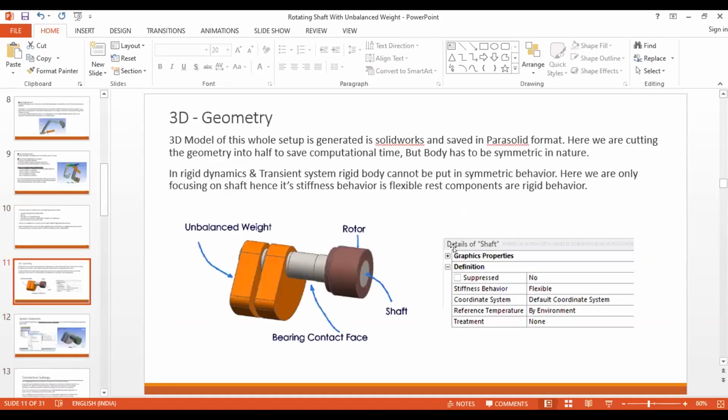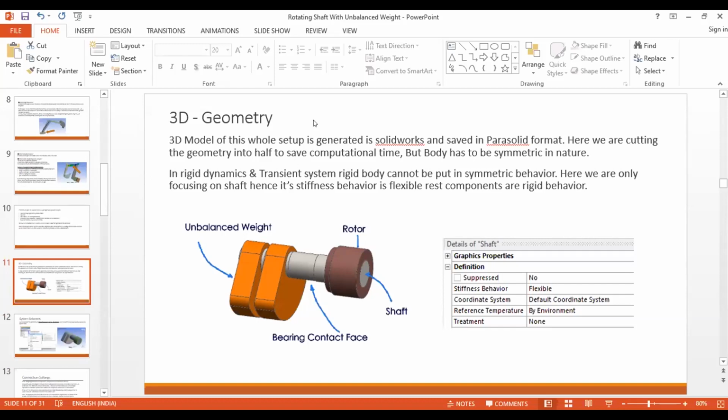So in the next slide, we are starting our project from 3D geometry. This whole setup is generated in SolidWorks and saved in Parasolid. There is no compulsion that we only save in Parasolid. We can save it in STL format as well as in IGS format. Here we are cutting the geometry into half to save computational time.